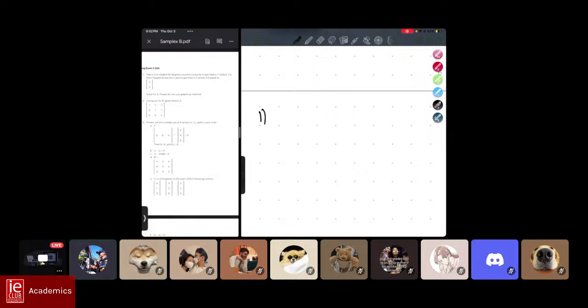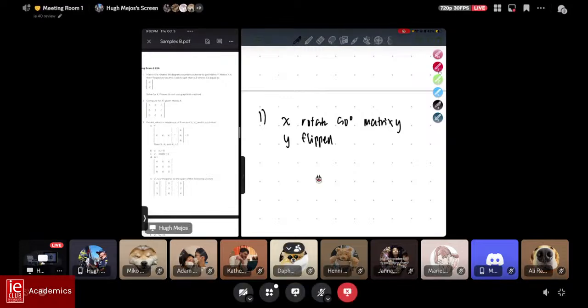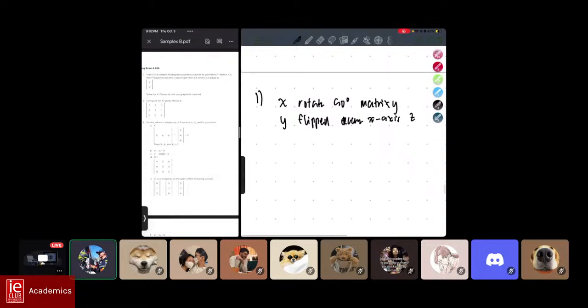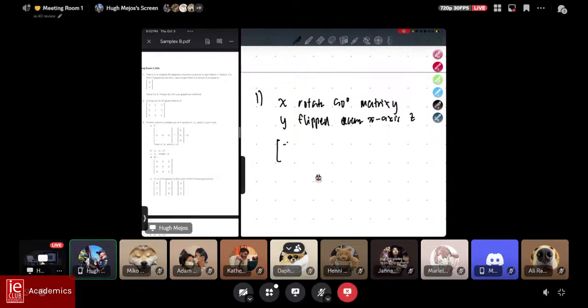Matrix X is rotated 90 degrees counterclockwise to get matrix Y. And then matrix Y is flipped across the x-axis to get matrix Z. And then Z is equal to negative 2, negative 2.